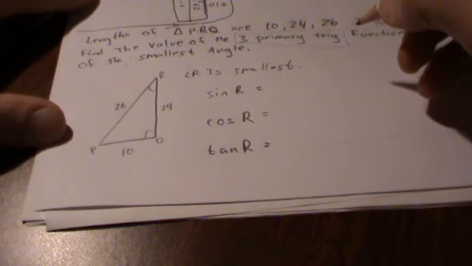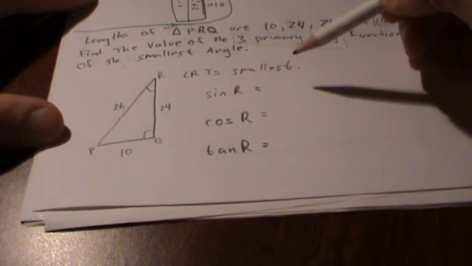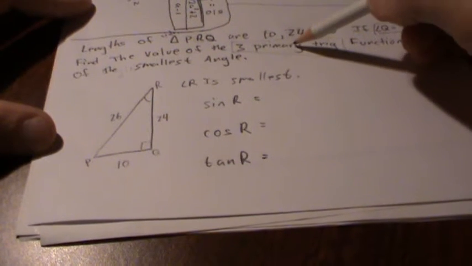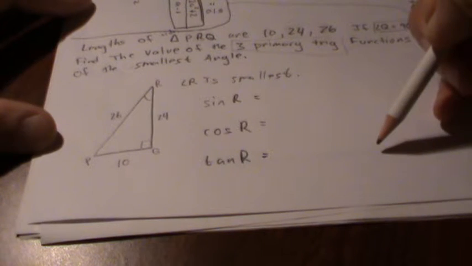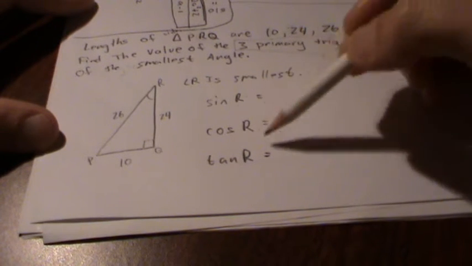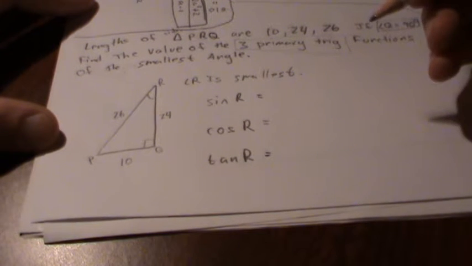And so remember, the primary ones are sine, cosine, and tangent. The reciprocal ones would be cosecant, secant, and cotangent. But we'll look only at the primary ones for this question.